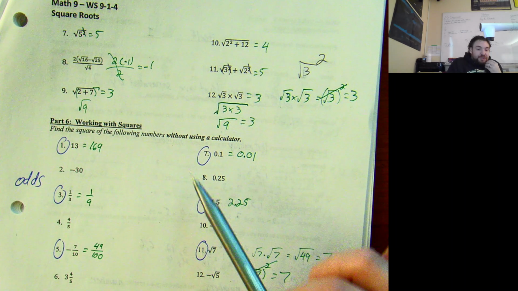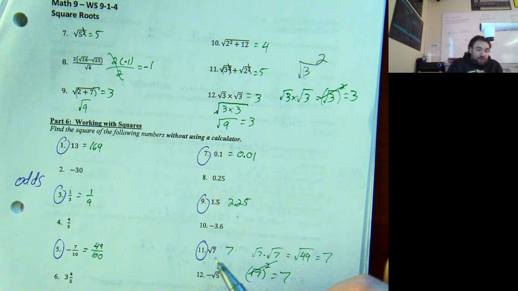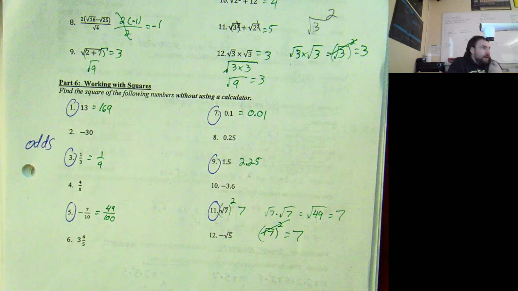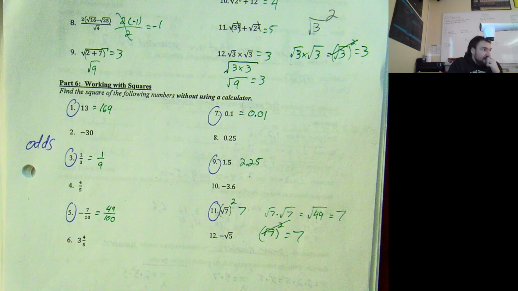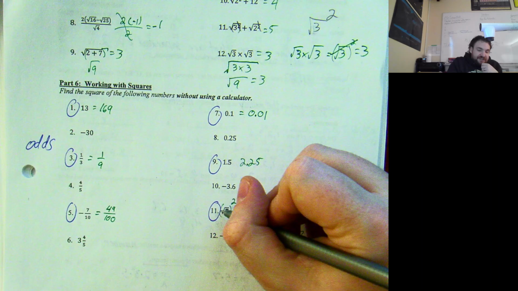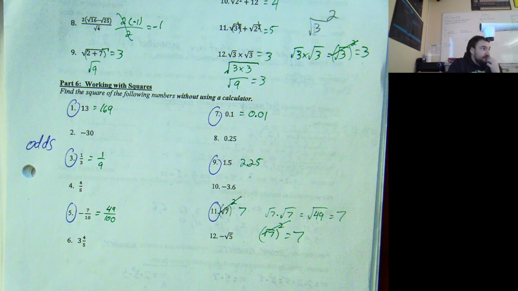Well, this one wants you to square things. So I have the square root of 7, and I want to square the square root of 7. Well, when I square a square root, because they're inverses, squaring and square rooting cancel, leaving me just with the value that was on the inside there.